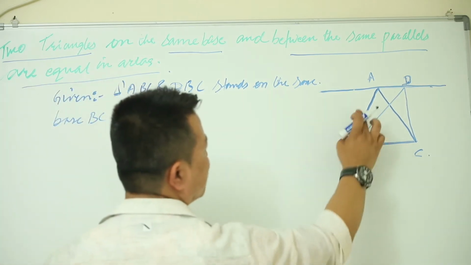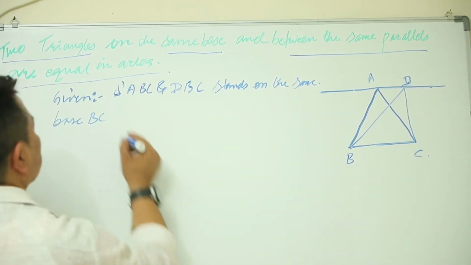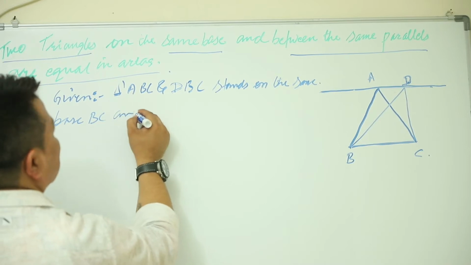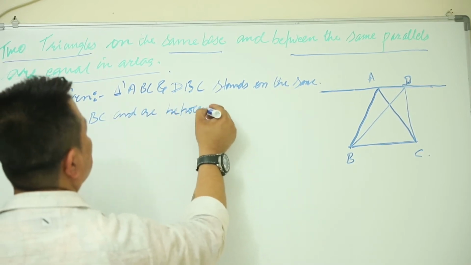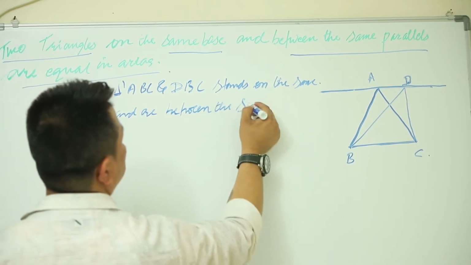BC is the base where these two triangles are standing, and they are between the same parallels.